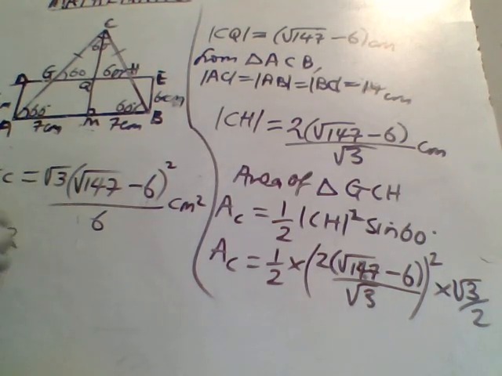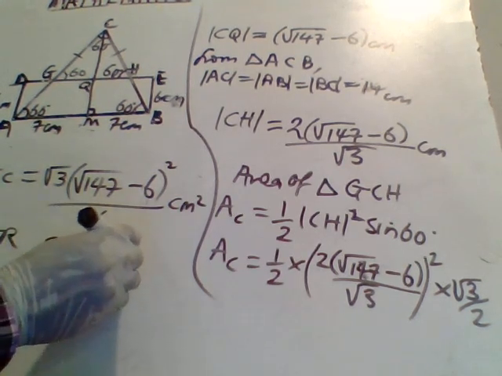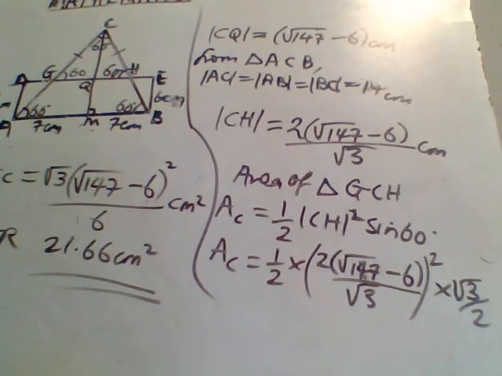Or you can leave the answer in decimal, in 2 decimal places. That will give us 21.66 cm squared. Whichever way you solve it, that is the area of the triangle which is not enclosed by the rectangle.